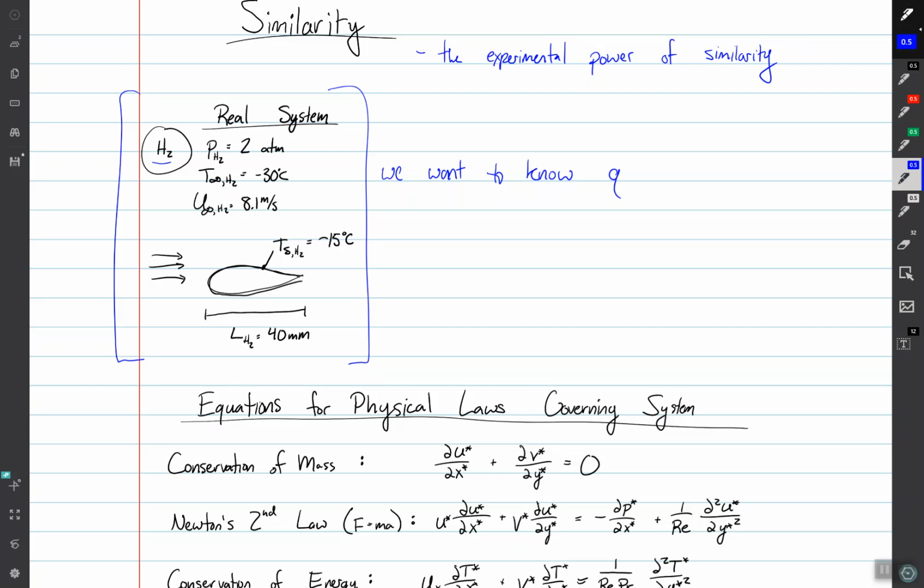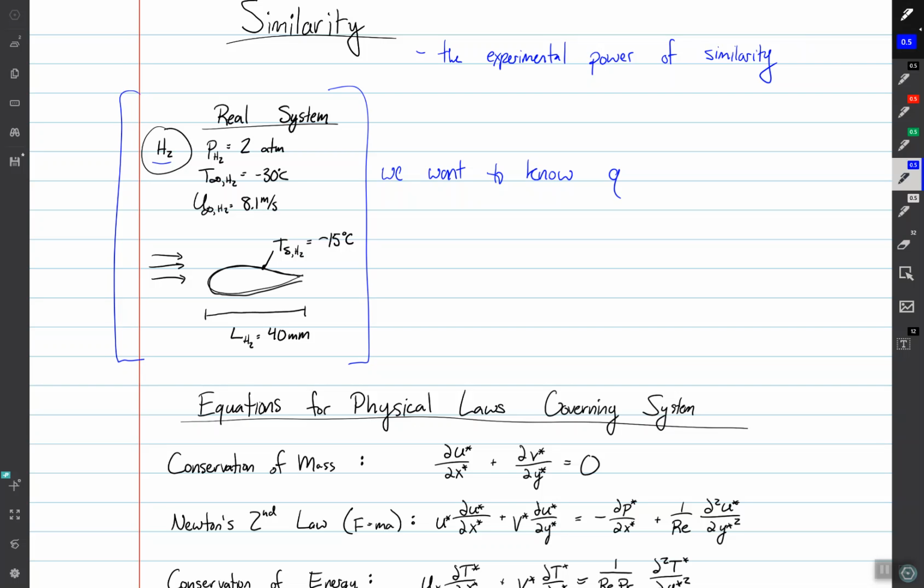If we look at this situation, some experiments are fairly easy to do, fairly straightforward. This experiment, we're doing it at elevated pressure, which is probably fine. We're doing it at low temperature, which is potentially not problematic, but it would be a little bit challenging in terms of designing the setup. And we're doing it with pure hydrogen, which is probably the most problematic thing for this specific setup.